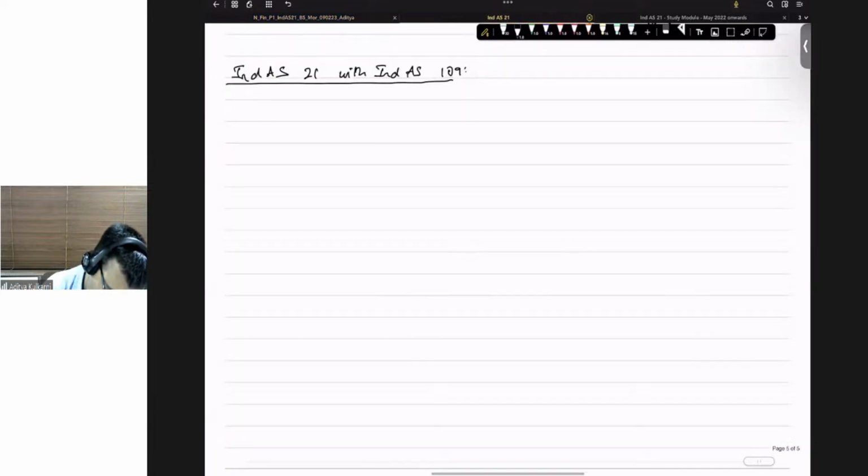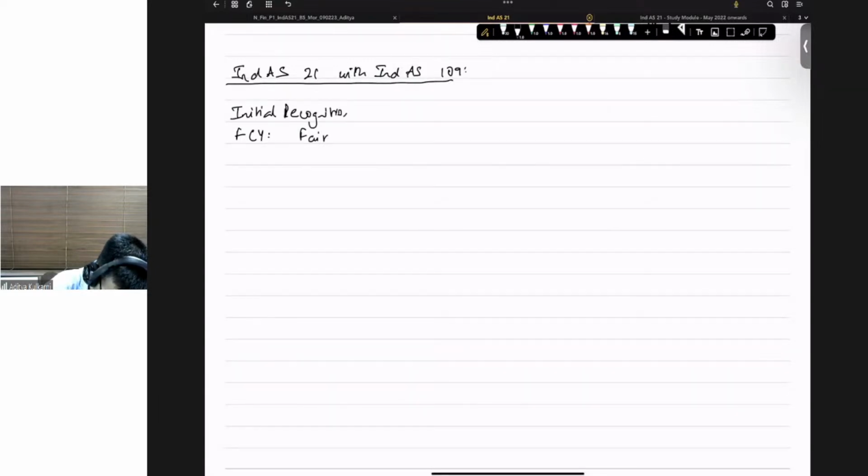Now you are more knowledgeable than me in Ind AS 109, genuinely speaking. When I talk about foreign currency, initial recognition. You have just studied it.